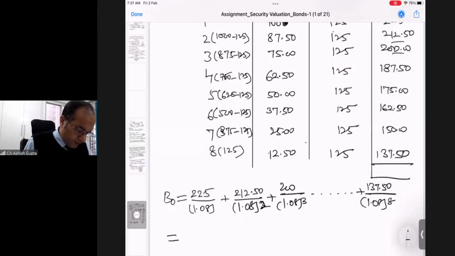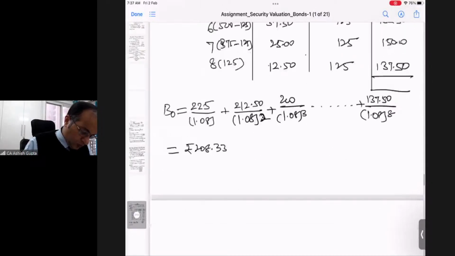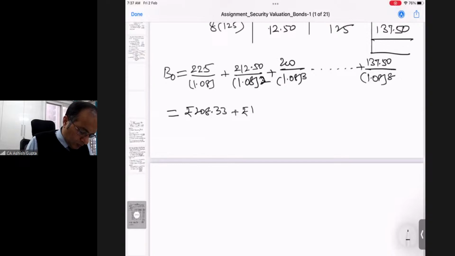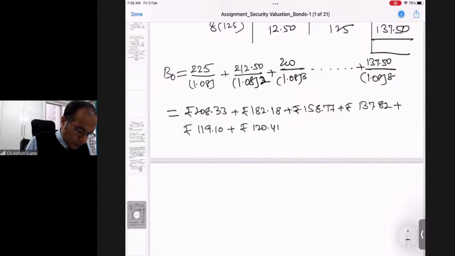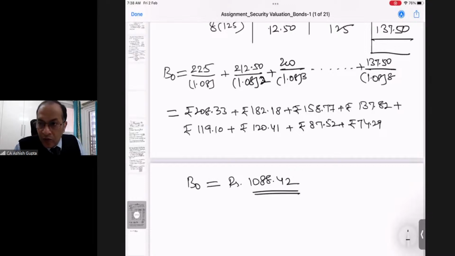Okay, student. So the overall value will be the price of the bond.